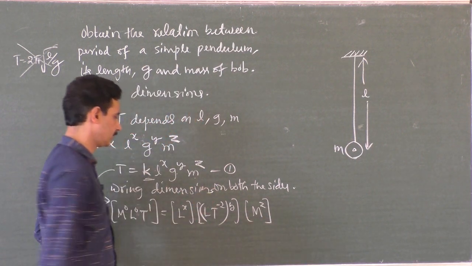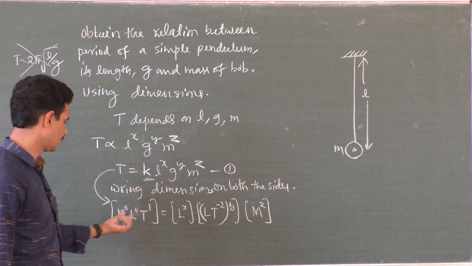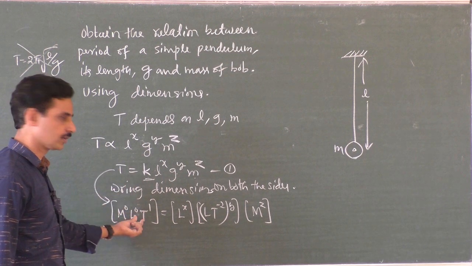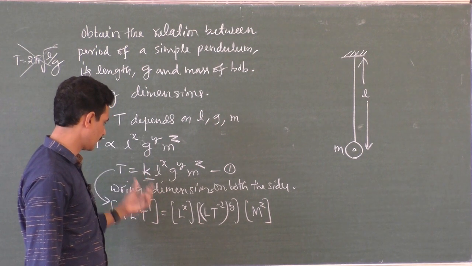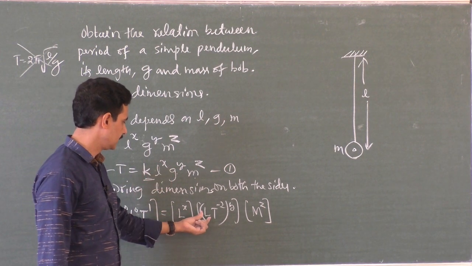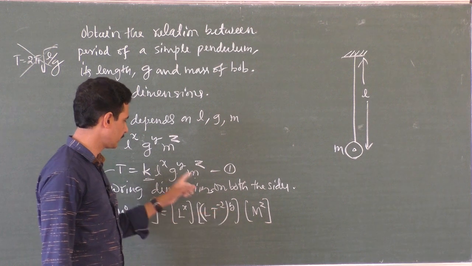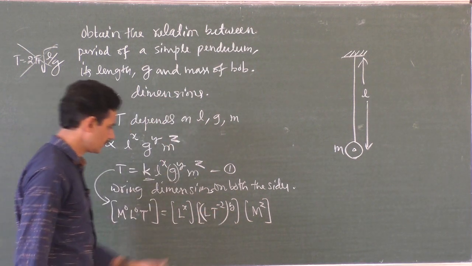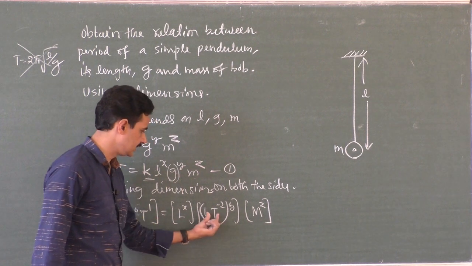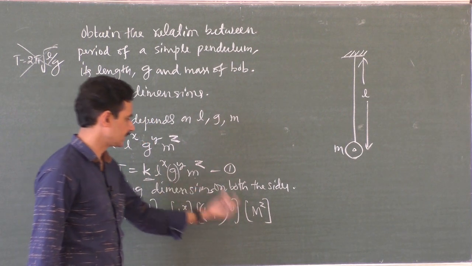Writing dimensions on both sides. ಇಲ್ಲಿ t ಮಾತ್ರ ಇರೋದು, m to the power 0, l to the power 0, t to the power 1. Here we have l and k has no dimension. l to the power x, l t to the power -2 whole to the power y, because it is acceleration due to gravity to the power y. So l t to the power -2 instead of g to the power y. m mass, m to the power z.